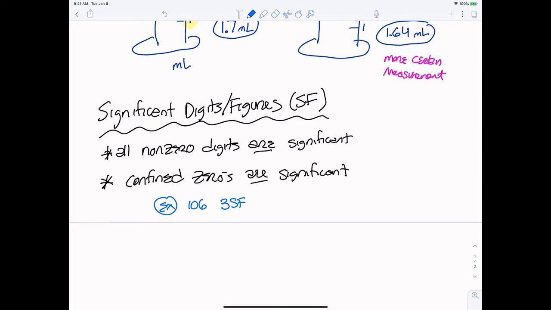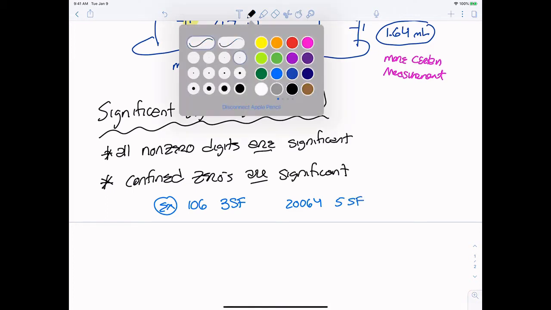There could be a couple zeros, 20064. The 2, the 6, and the 4, again, are significant because they're not zeros. Both of those zeros are confined, so they are going to count as being significant. So this has 1, 2, 3, 4, 5 significant digits in it. So 5 sig figs.